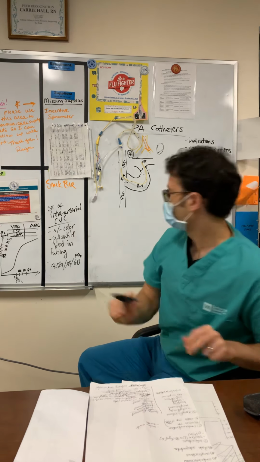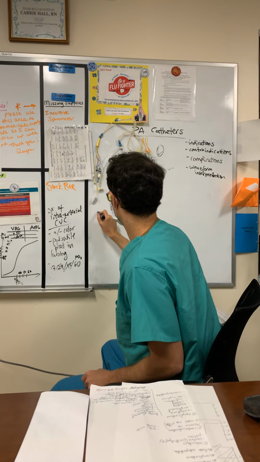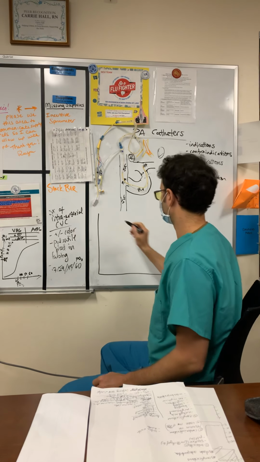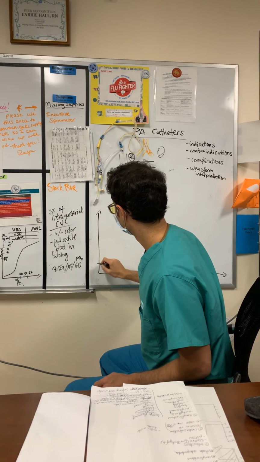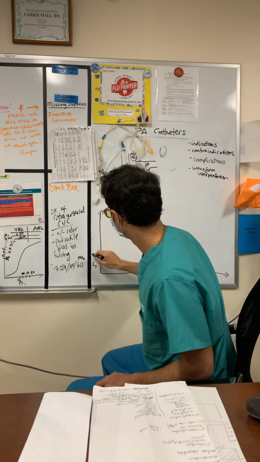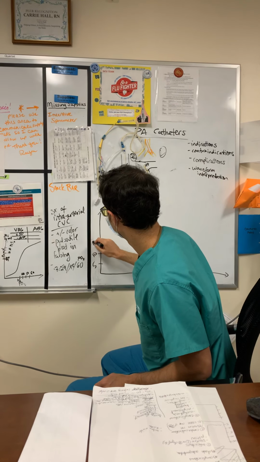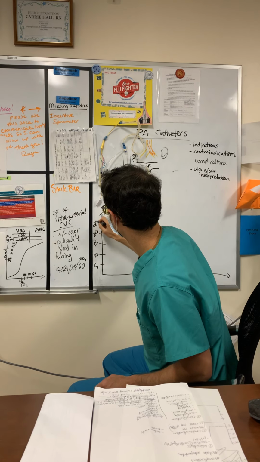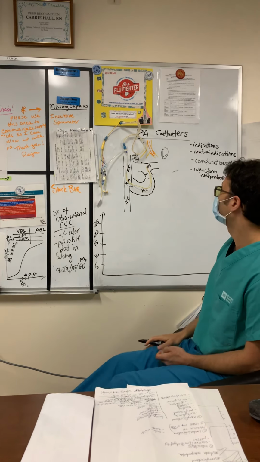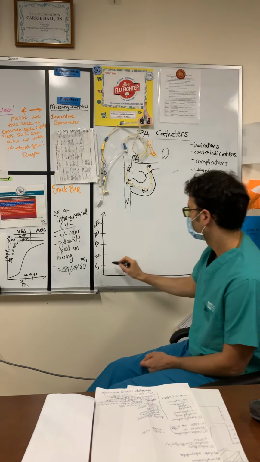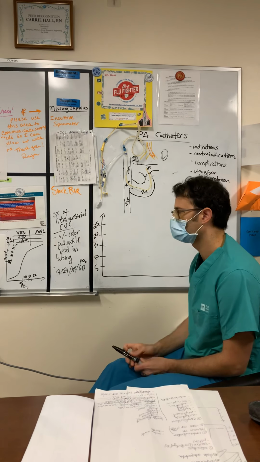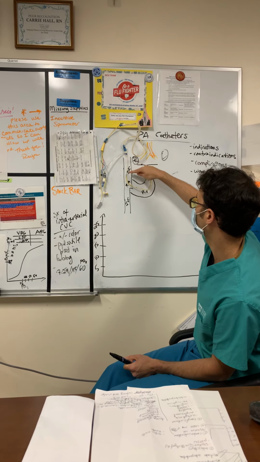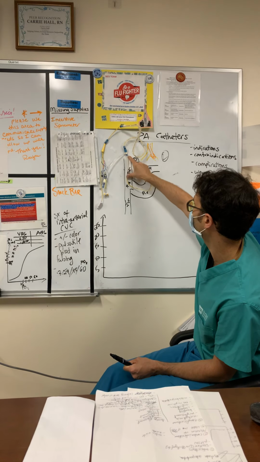So I'm going to draw a scale here at the bottom. This is sort of assuming you have a relatively normal patient with relatively normal right heart pressures. Okay, so notice how there's an introducer here.